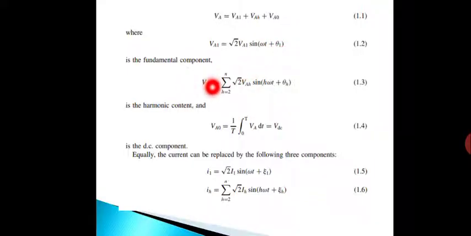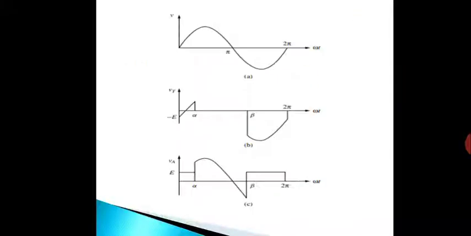And VAH is the sum over h from 2 to n of root 2 VAH sine of h omega t plus theta h. So this is the harmonic component. The harmonic component is due to the thyristor turning on and off. During the on and off of the thyristor, the thyristor will consume current non-linearly.